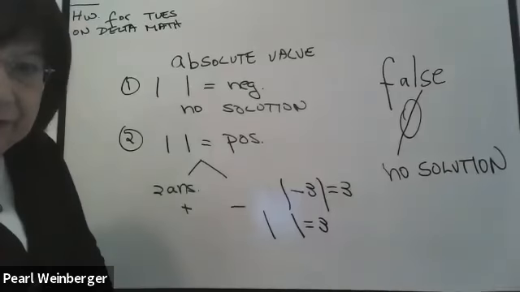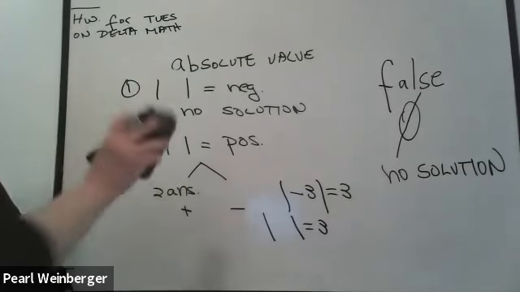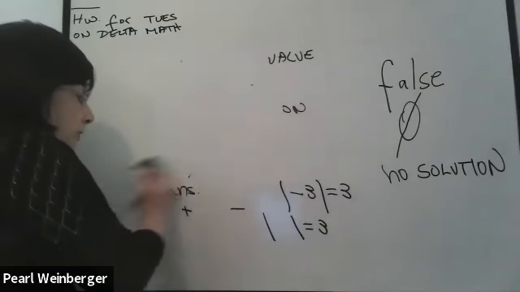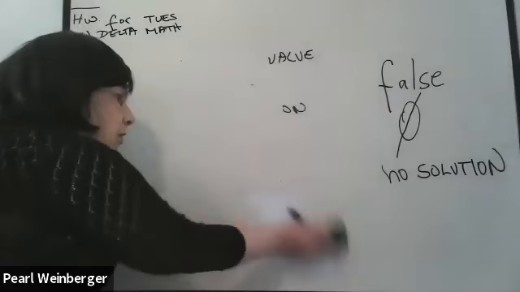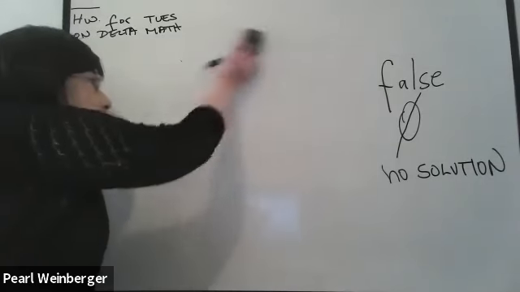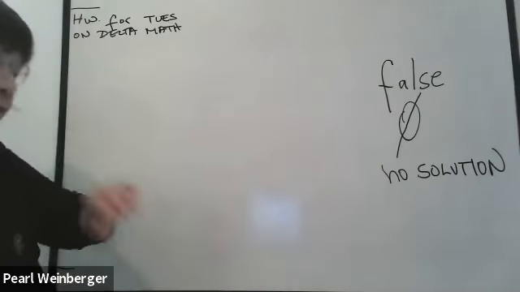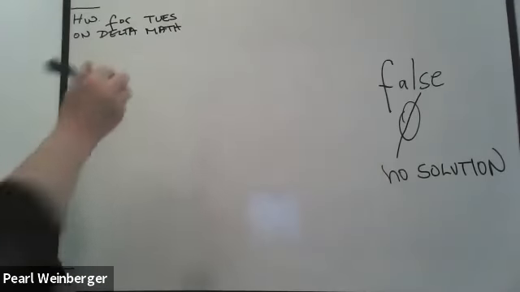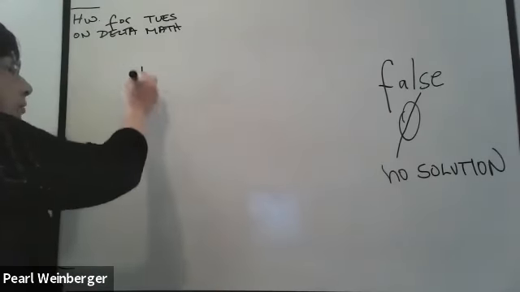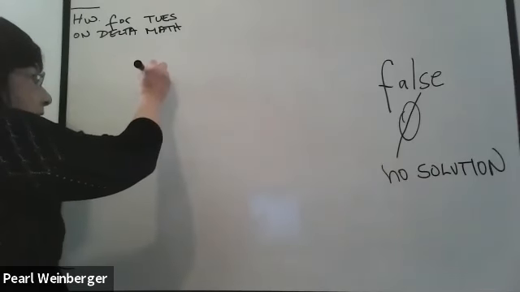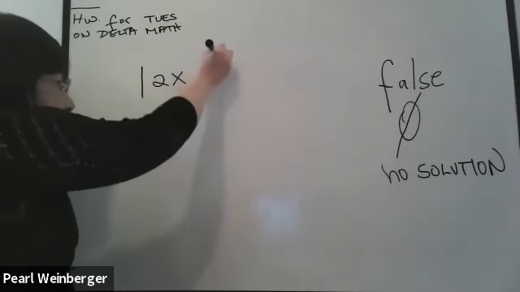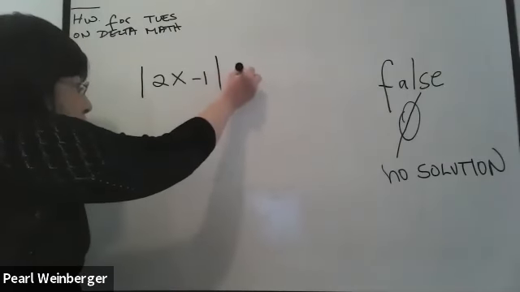Okay, let me show you a problem. And then I'm going to give you a couple of problems to try and see if you can figure this out. Suppose I gave you a problem like this. The absolute value of 2x minus 1 is equal to 15.